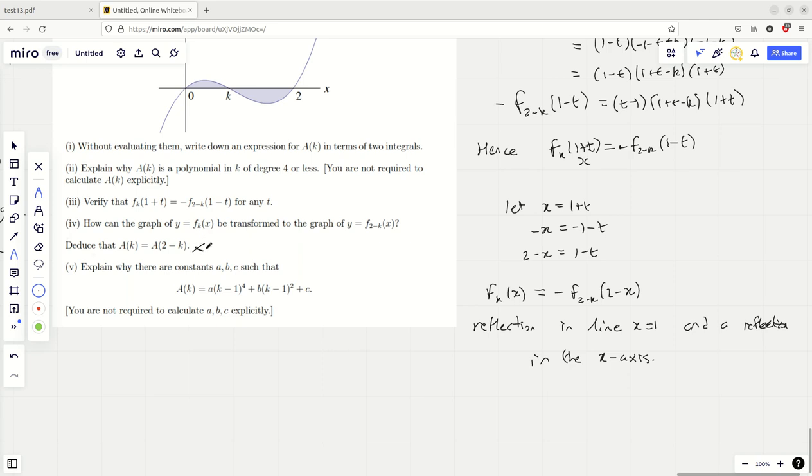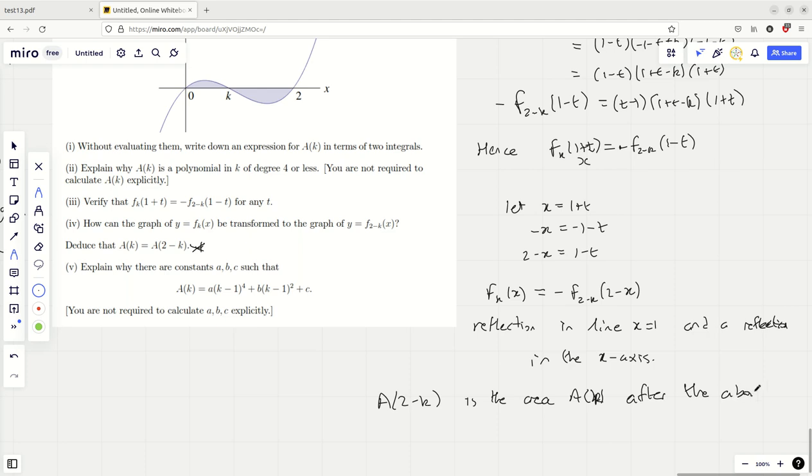Now deduce why A(k) equals A(2 minus k). Well, what have we got here? If you think about it, let's write it down carefully, A(2 minus k) is the area A(k) after the above reflections.